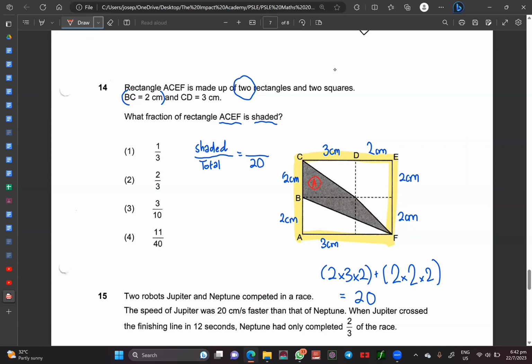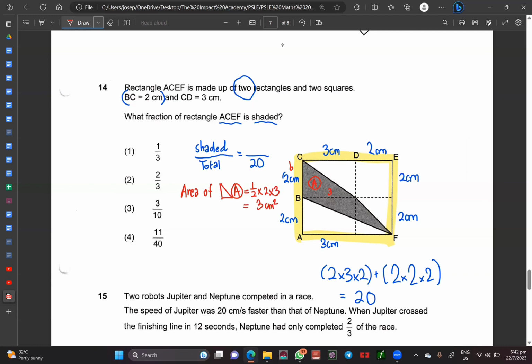We call it A, let's give it a name. What you can see over here is that the base is actually 2 and the height is actually 3. True? So we write down the area of triangle A. This is half times the base times the height, so that gives me 3 cm squared.